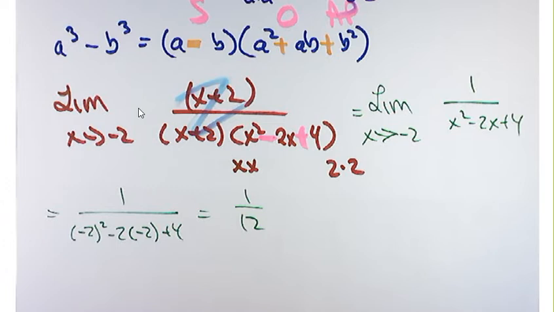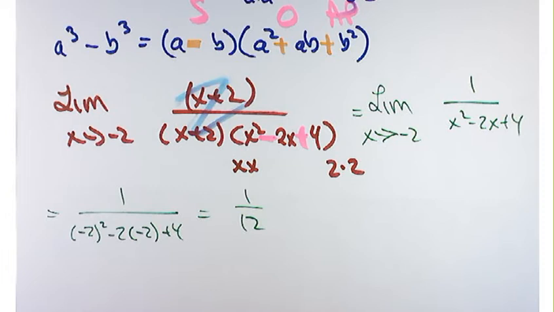Plug it into the original function? And do what? Well, what if we looked at the graph? Could the graph tell us maybe? Or maybe a table? Let's take a look at it with a graph or a table.